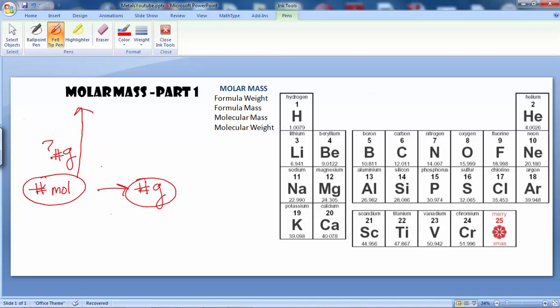I don't have to give you a question to say calculate the molar mass. I can ask you to go from grams of a compound to moles of a compound, or moles of a compound to grams of a compound, and that in itself will test your ability to calculate the molar mass. Okay, so this is just step one in a series of problems that you will have to solve.